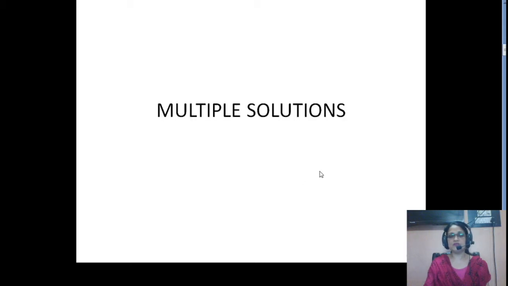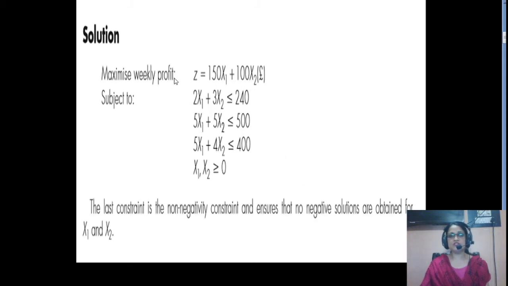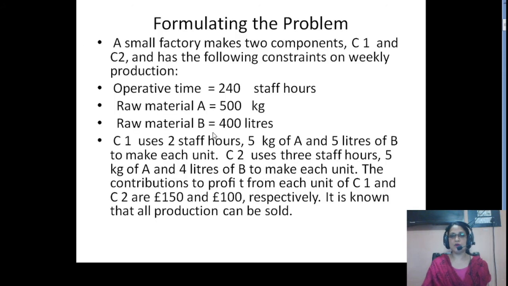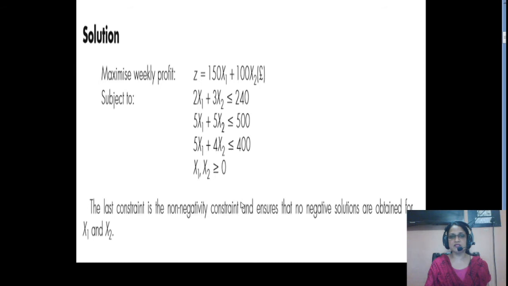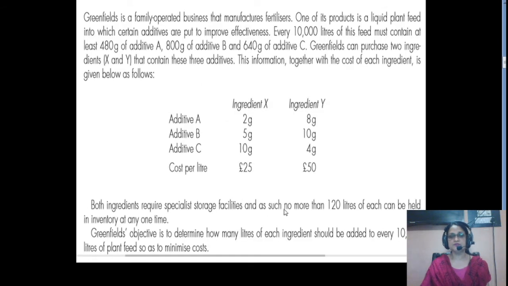In the previous question, we were focusing on contribution, right? It was given in the question, and contribution should be maximized. Now here in this question, it is given cost. So you should understand that the objective function should be a minimization function, right?